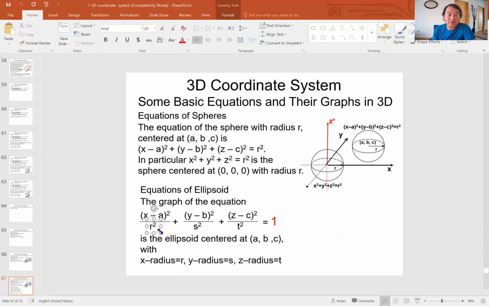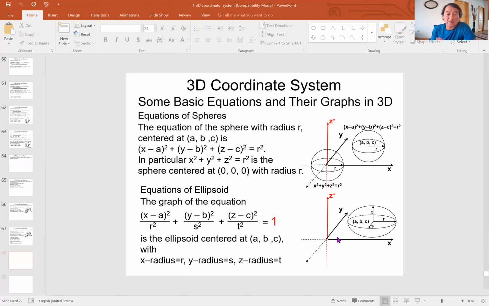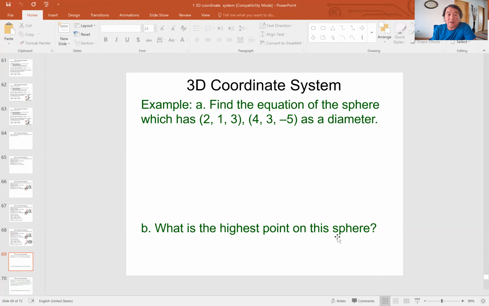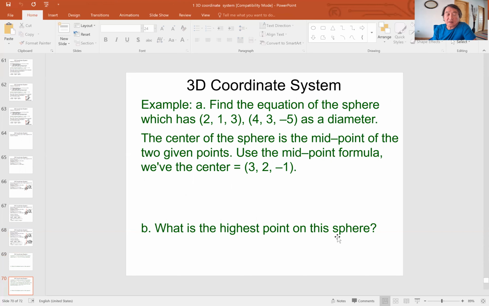So this R over here will be the radius in the x direction. And the S over here will be the radius in the y direction. And then, of course, there's one more, T, which will be the radius in the 3rd dimension. And so what I want out is what we call an ellipsoid, if they're different.